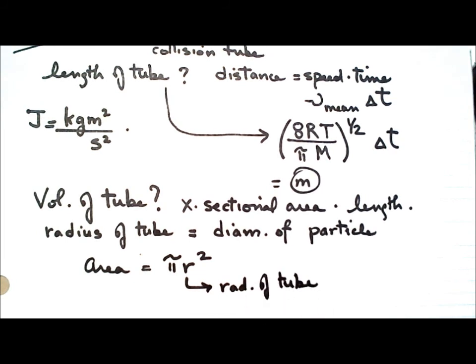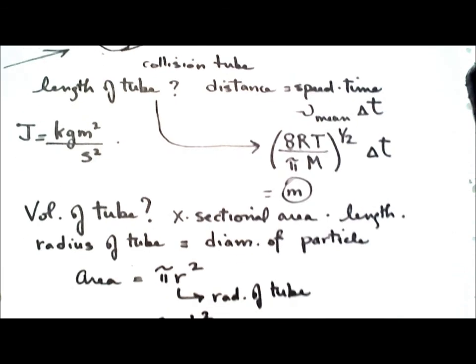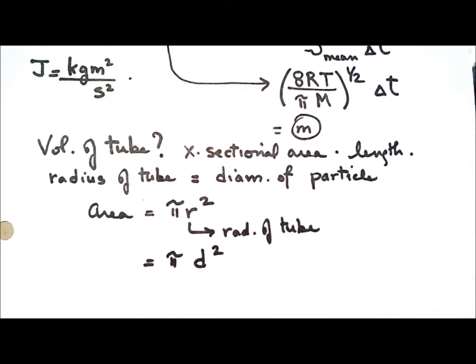However, we have the properties of the gas particle, not of the tube. And since the radius of the collision tube is equal to the diameter of the particle, we write that the area is equal to pi d squared, where d is the diameter of the gas particle. And that's something that I can look up in a table.